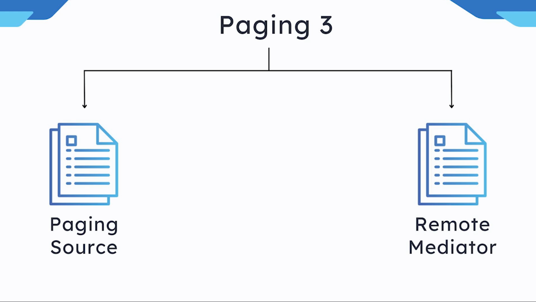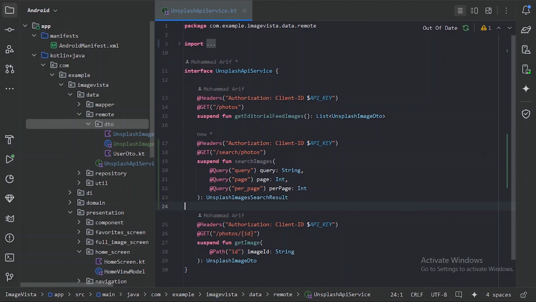For the data from the searched images, we will use this paging source. And next we have this remote mediator. This is used when you fetch data from the server, cache it in the local database, and then display it in the UI. For the data from the editorial feed images, we will use this remote mediator.